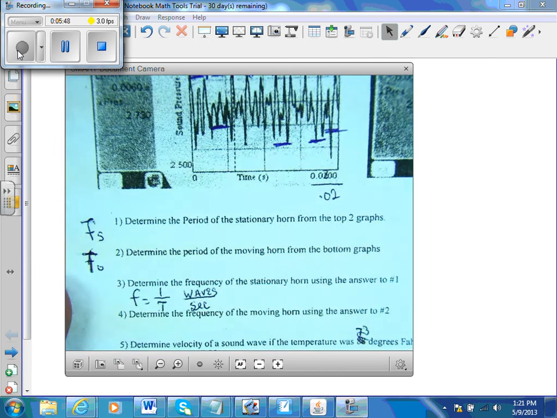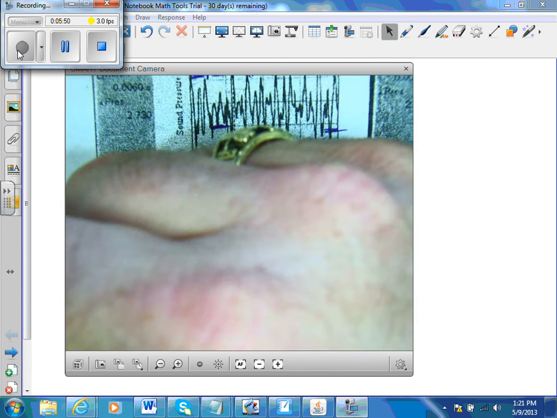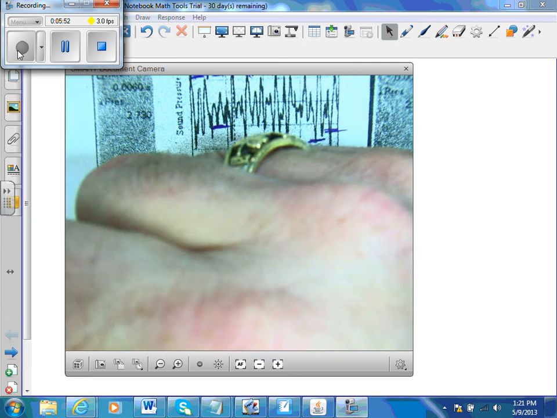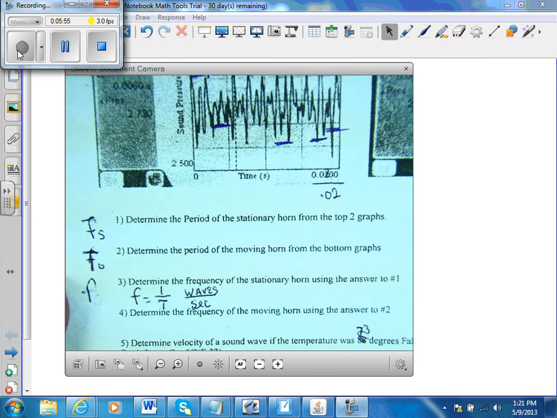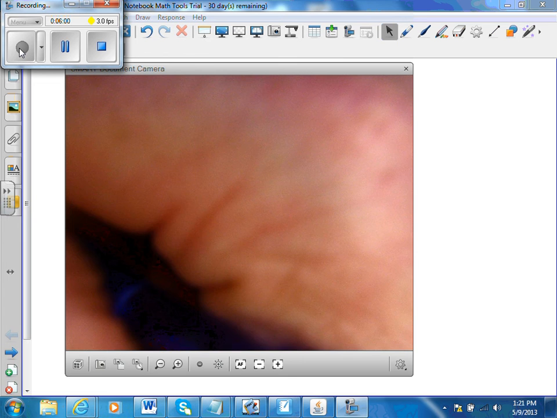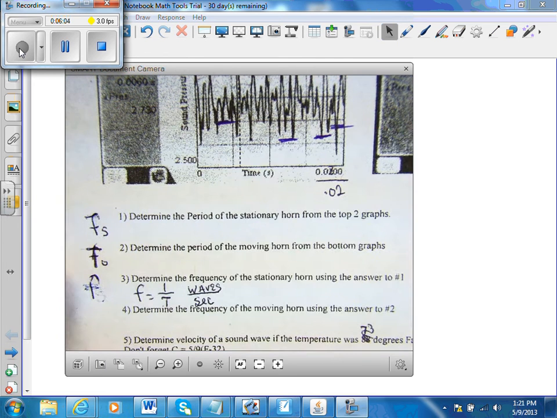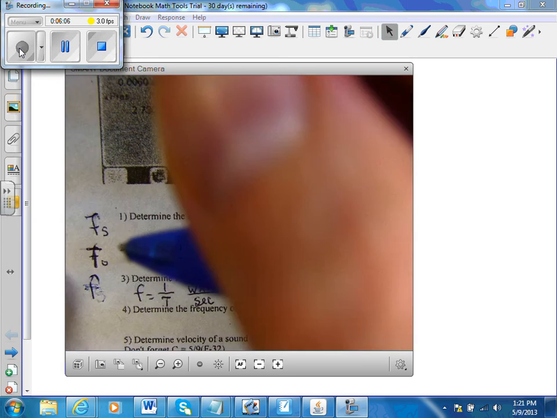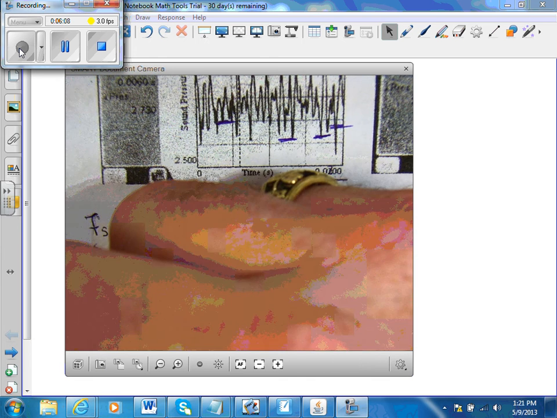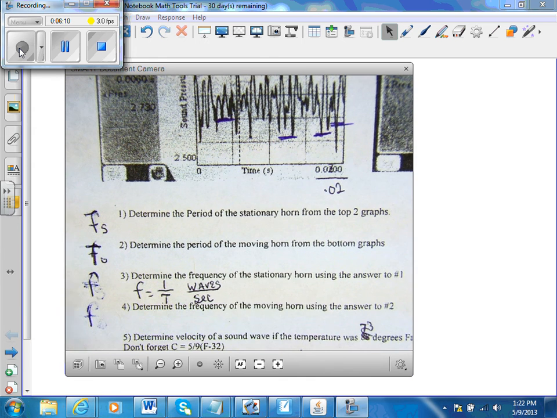On three, it's the frequency of the stationary source. My pen's running out of ink. On number four, that's the frequency that you actually observe.